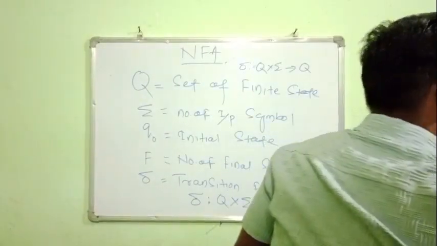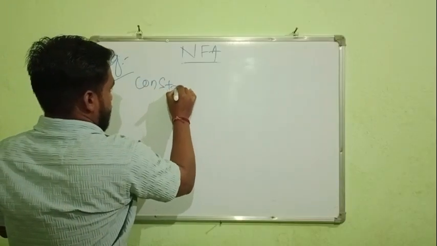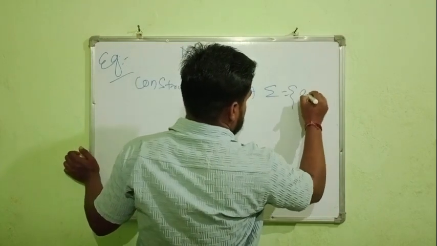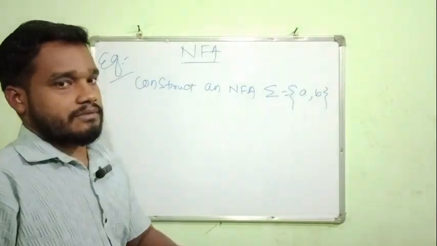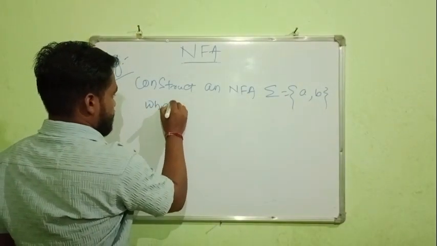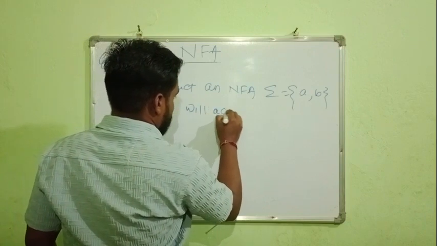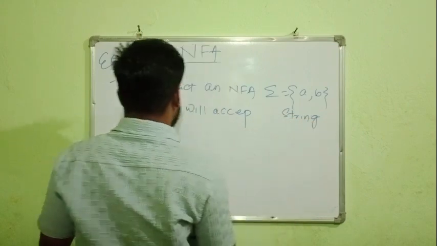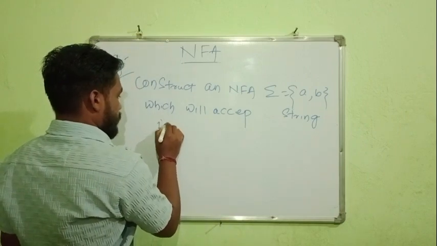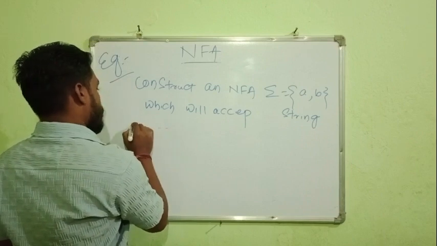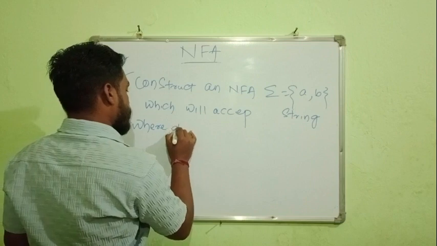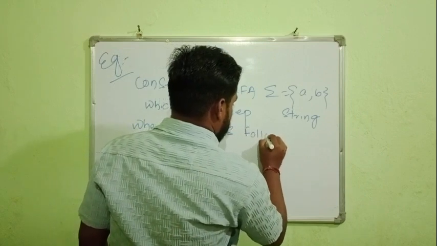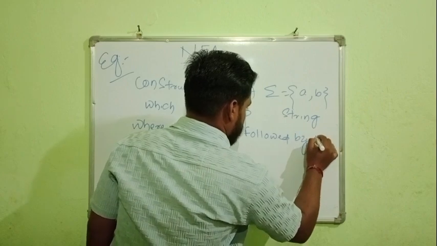Let me read it. I am going to do an example. Construct an NFA over sigma, which contains two symbols, A and B, which will accept strings where double ones are followed by zeros.